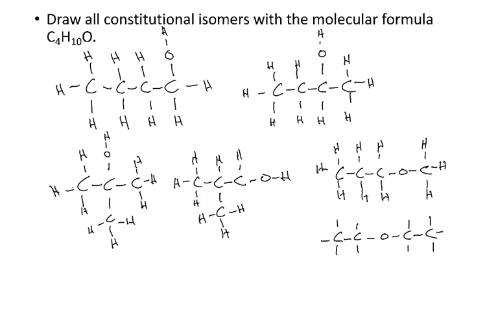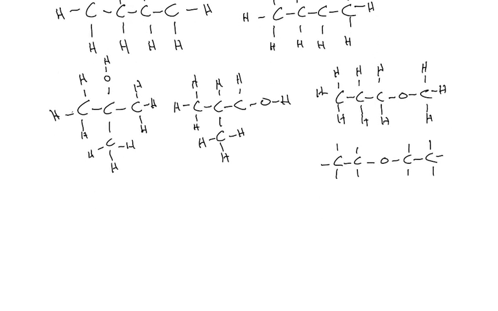I can do ethers with this branched guy, but I think there's only one way to do the ether. Whether I put the oxygen here or here or here, it's going to be in between the central carbon and then one of the 3 guys coming off. So the one other constitutional isomer would be this one.